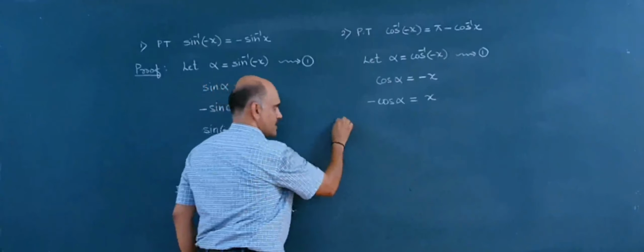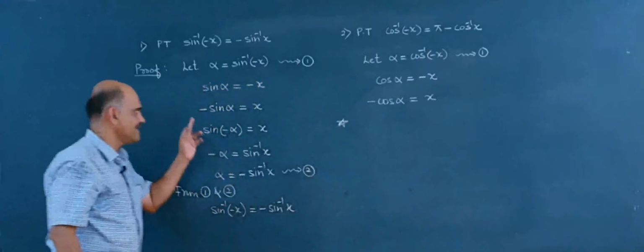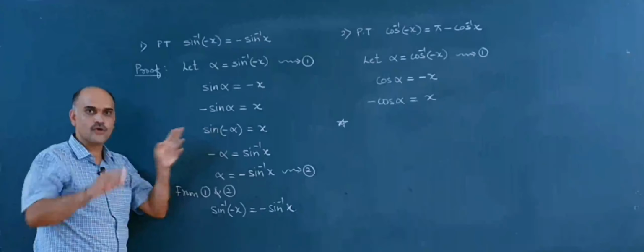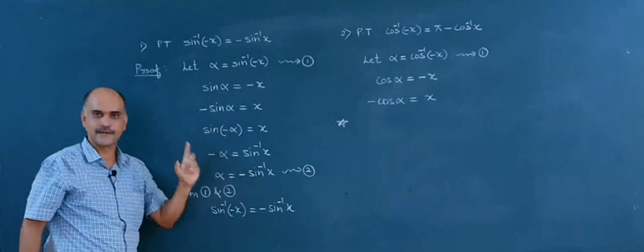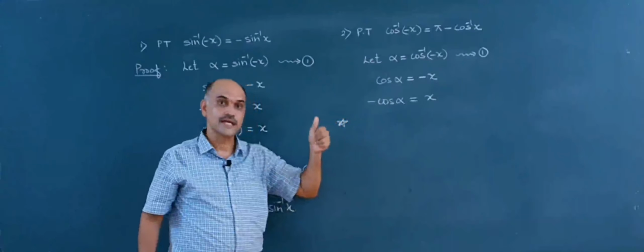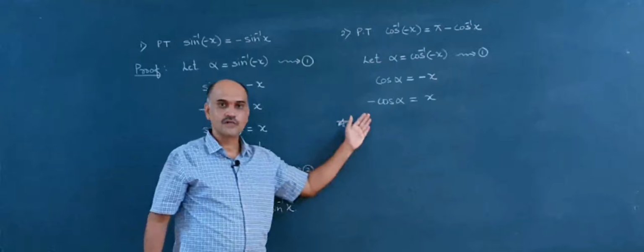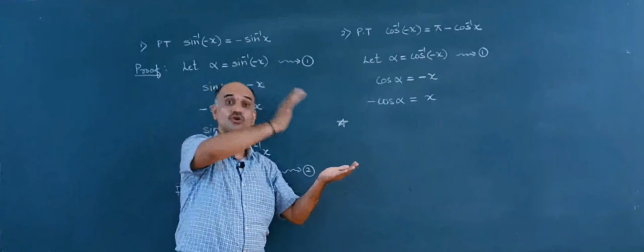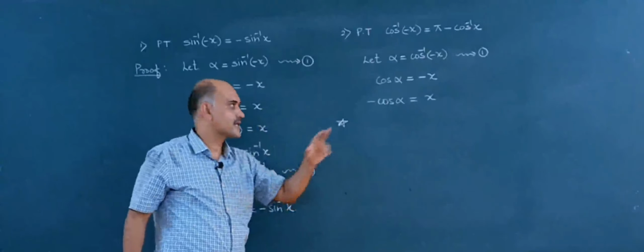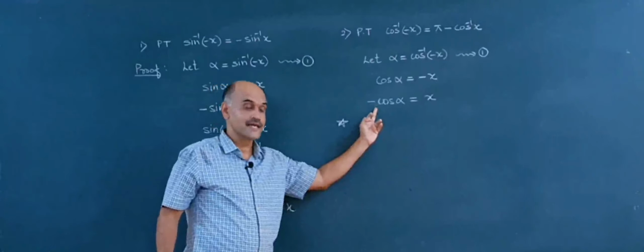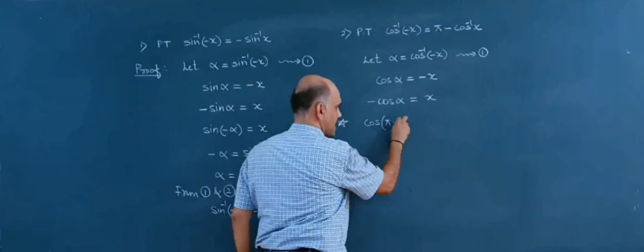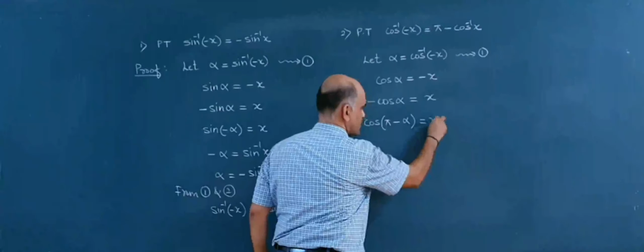Here you are required to remember: what we have done, minus sin alpha, I have written it as sin of minus alpha, because in the fourth quadrant sin is negative. But in the fourth quadrant cos is positive. Second thing, the principal value of cos ranges from 0 to 180, meaning first quadrant and second quadrant. In the second quadrant cos is negative, so minus cos alpha I can write as cos of pi minus alpha is equal to x.